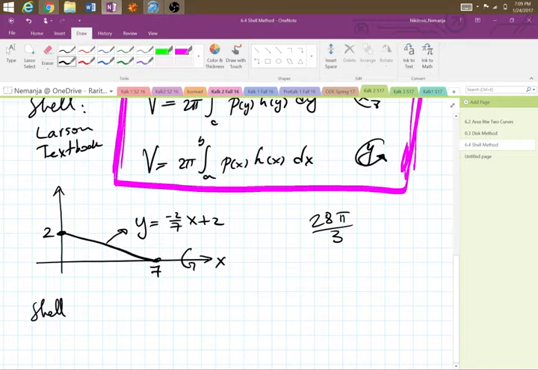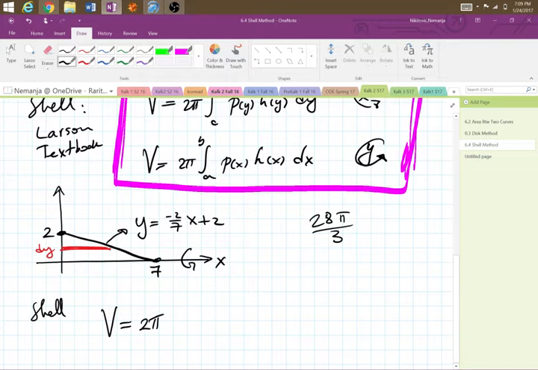So for the shell method, we need our axis of rotation to be parallel to the representative rectangle. So it's going to be dy this time. And now we have to set up the dy integral. So we have 2 pi. The washer method has pi times the integral, the shell method has 2 pi times the integral.